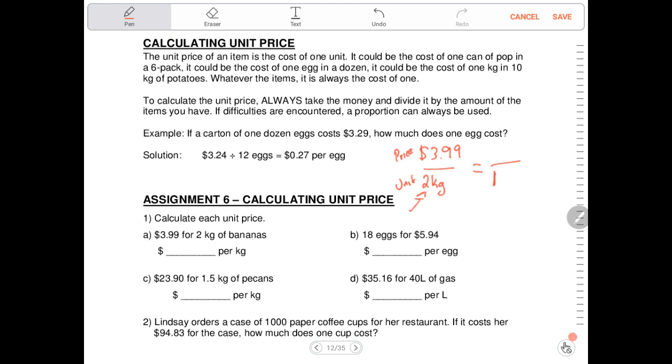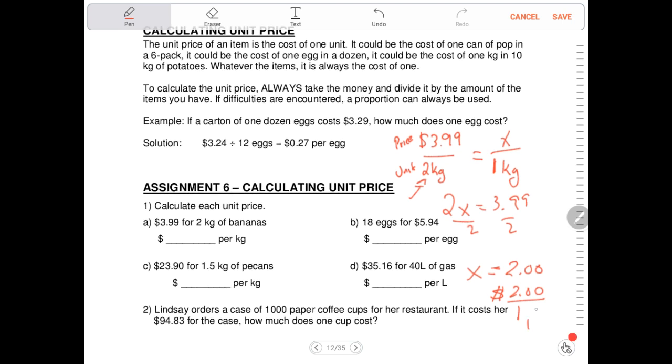I want to know what it is for 1 unit, in this case 1 kilogram. Put your x, cross multiply, divide. So 2x equals 399. Divide by 2 on both sides. There's a little bit of rounding here, but it comes out to essentially $2. Your final answer would be written as $2 for 1 kilogram. That's the work I would expect you to show.